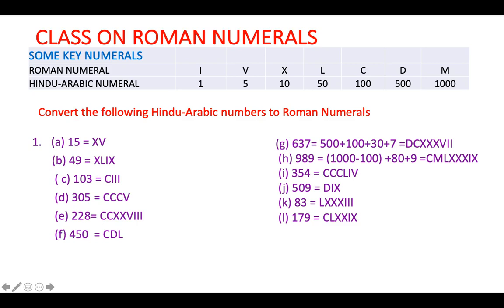Now we will move to the next number. My number is 49. Easily we can write 40 plus 9. But how will you write 40? One thing is very important: in Roman numeral rules, we cannot repeat a numeral more than 3 times.